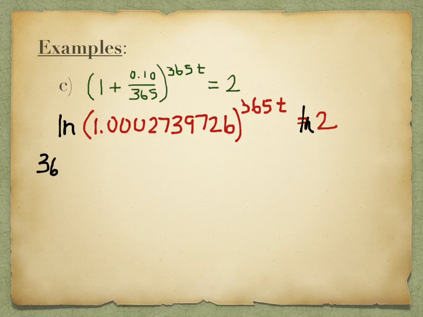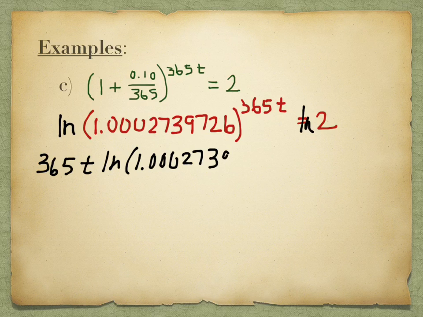You betcha. 365t comes down to the front. I still have this ugly natural log, or an ugly decimal anyway. And I have a natural log of 2 on the right.